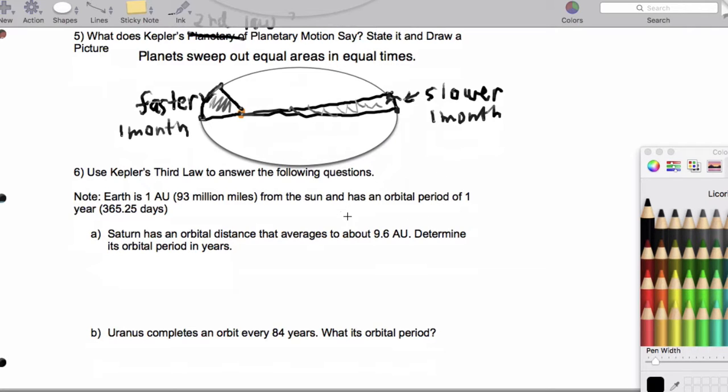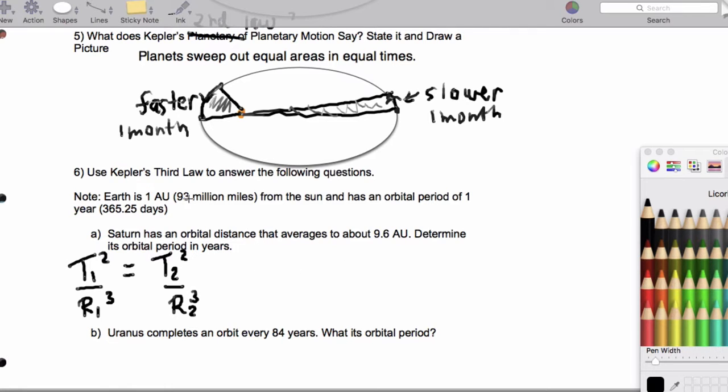Now, next problem: Saturn has an orbital distance that averages about 9.6 AU. We want its orbital period in years. So just to be clear, this is the formula: T1 squared over R1 cubed equals T2 squared over R2 cubed.